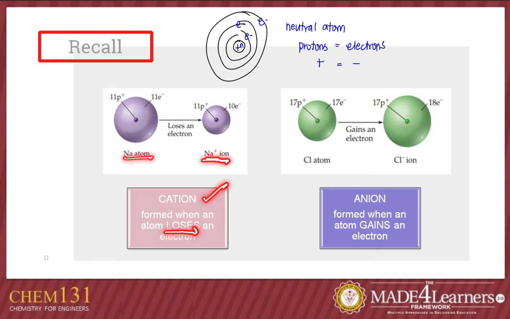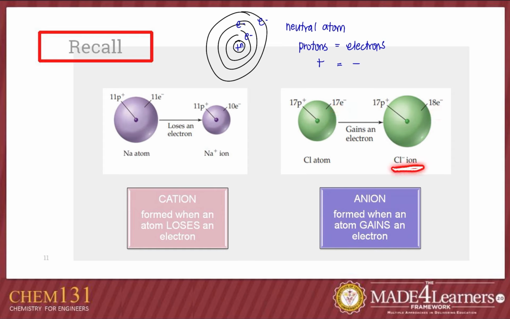So if sodium loses an electron, it has only 10 electrons left. The lost electron must be accepted by another atom. For example, chlorine has an atomic number of 17, meaning 17 protons and 17 electrons, equal, a neutral atom. Chlorine can gain an electron. How many electrons will it gain? One. So there are more electrons, 18. The excess negative charge makes it Cl negative, and that's the chloride ion.